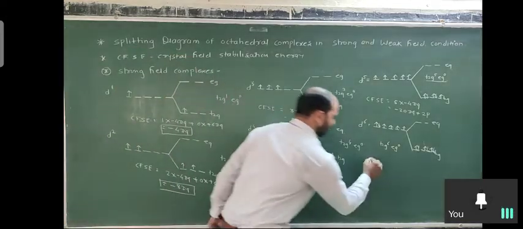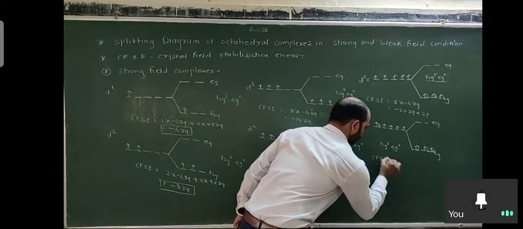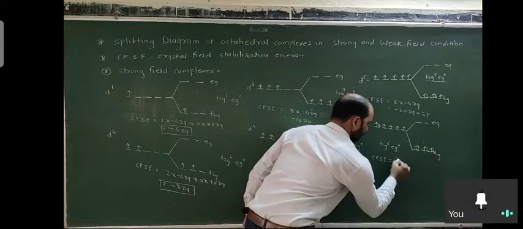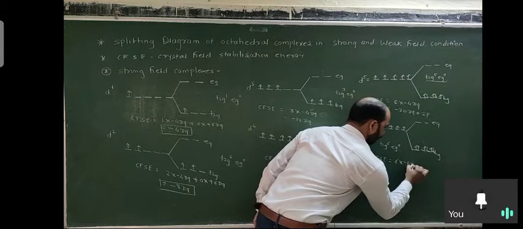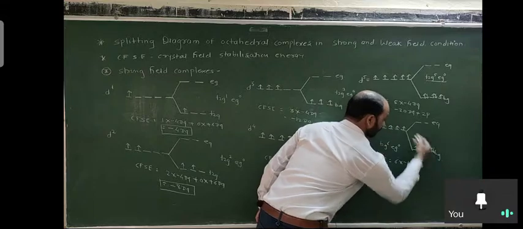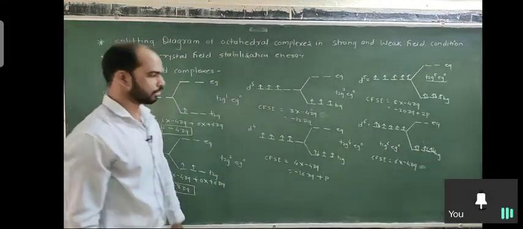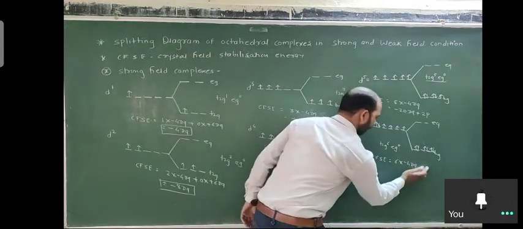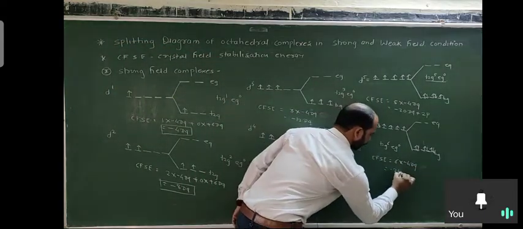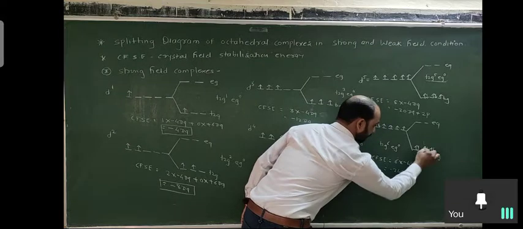So CFSE: how many electrons? 6 electrons, minus 4 Dq per electron, plus there are no electrons in eg, but you mention it when you write in your notebook. So total minus 24 Dq, plus how many pairs? 3 pairs.